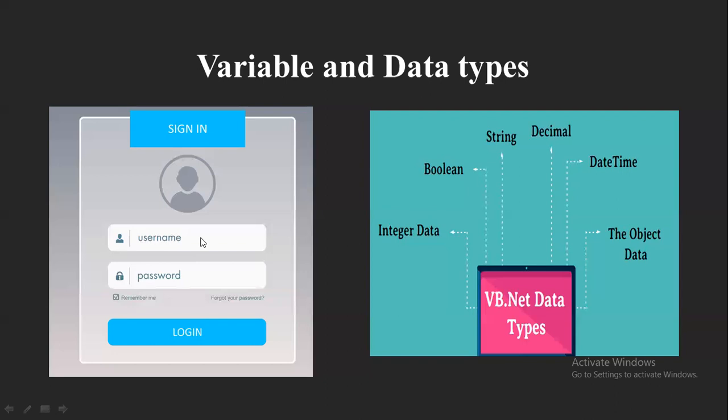So here we are going to use the variable. Okay, and also we need to know the data type. Sometimes we enter text in the user box, sometimes numbers. If it is login with mobile, then that time numbers. Here we are going to enter the passwords, right?